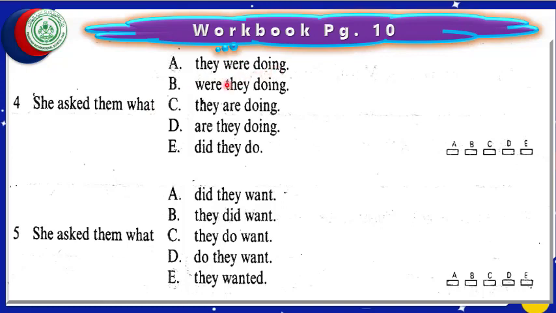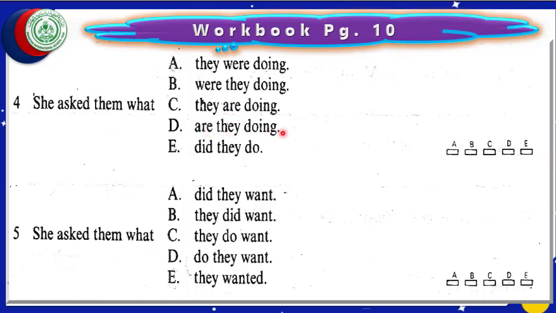Why others are wrong? Let us discuss. She asked them what were they doing. What were they doing will become question. Here is no question mark. She asked them what they are doing. Are cannot be there because here is written asked. If here is second form, here should be second form also. She asked them what are they doing.